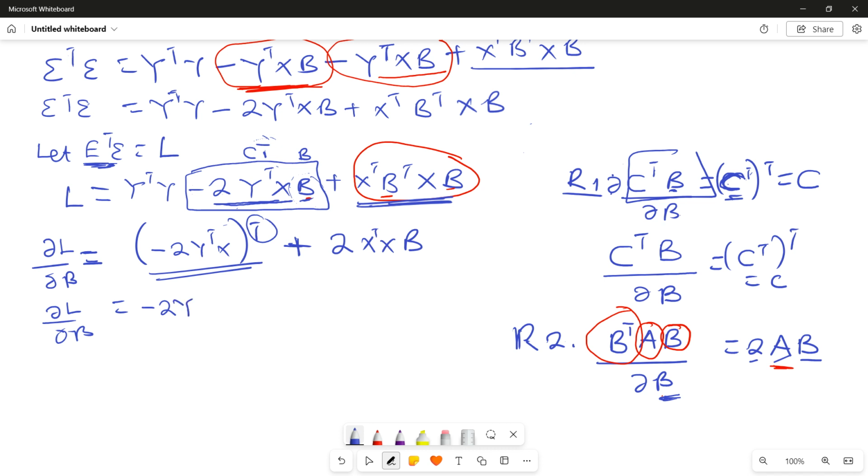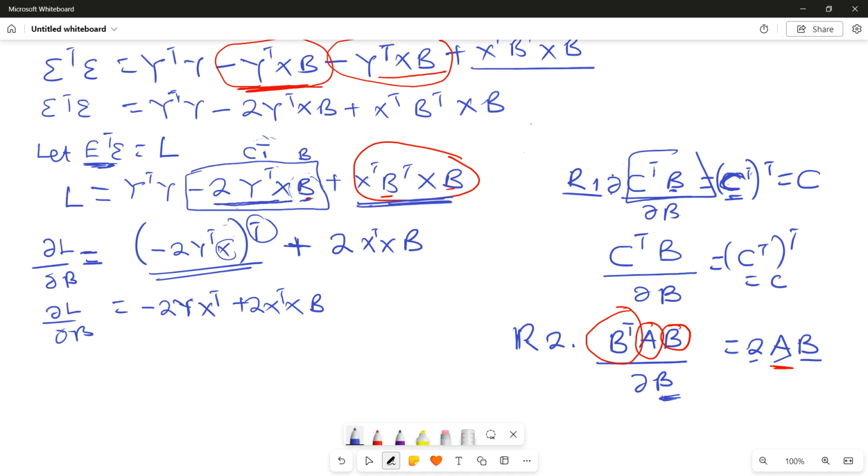In short, the transpose of a transpose is the original thing. But this x has got no transpose, so when we apply the transpose, the x will now become x transpose, and then plus this other guy 2x transpose x b.